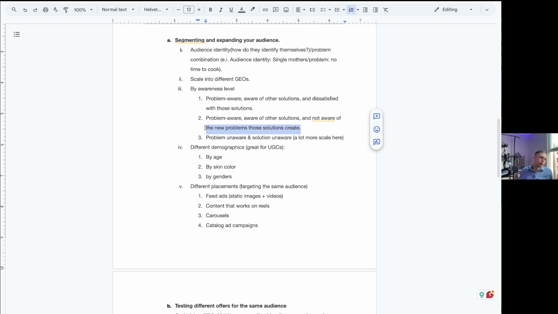Like you buy a phone, you need a case for that phone, so you have a problem because it's gonna scratch and all that stuff, and there's Apple Care, so all these things. And then there is problem unaware and solution unaware. So that's a very big market.